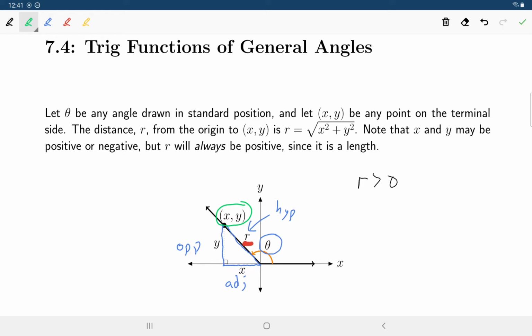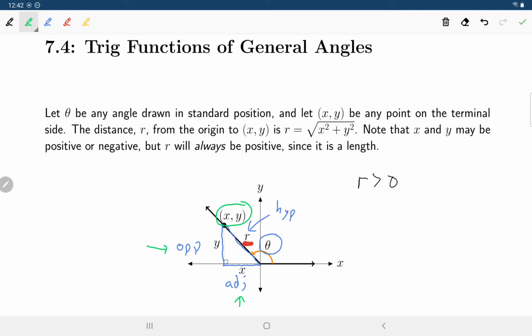For this angle that I've drawn, whatever the x-coordinate is, it would happen to be something negative. So that means that I would have a negative value for the adjacent side, and I would have the y value as positive. I would have a positive value for the opposite side. So that means that when we're looking at angles that are in standard position, we're going to wind up having things where our trig functions aren't always going to be positive in value, unlike when we were talking about our right triangle trigonometry.